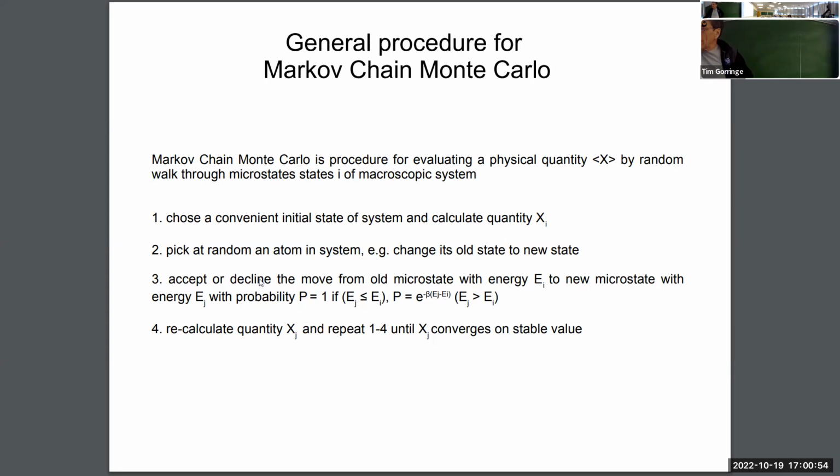When we take our random walk through the microstates of the ferromagnet, we're going to guide that walk through the acceptance or rejection of the spin flips in this particular case. And then we just have to do that many, many times, tens of thousands of times.